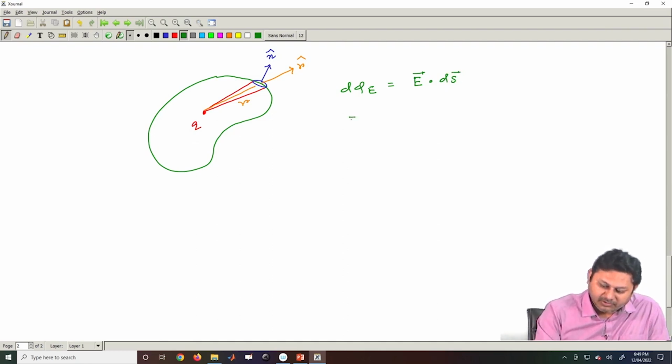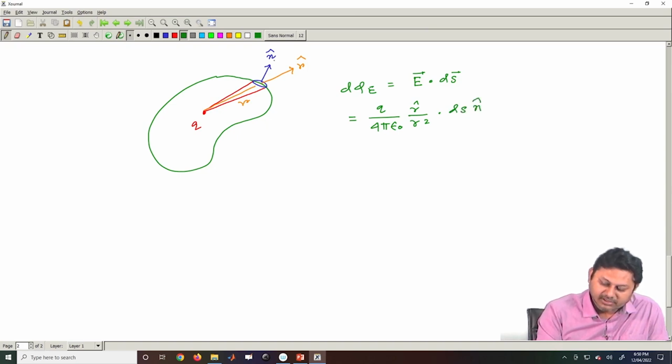Now, from Coulomb's law, I can know the value of the electric field here if the distance is r, and that value is simply q divided by 4 pi epsilon 0, and then unit vector r divided by r square, and then dot ds with the unit vector n.